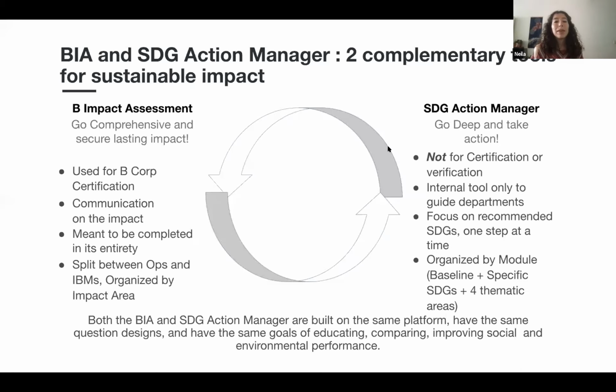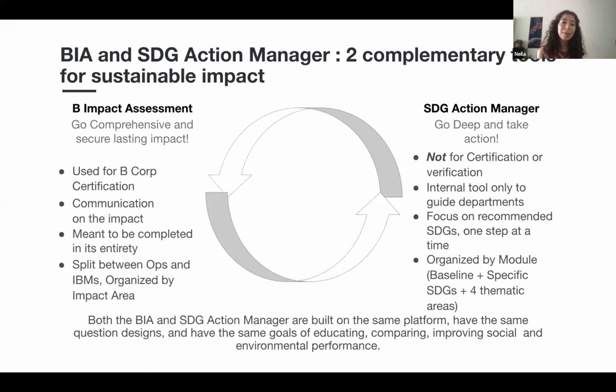The difference between the SDG Action Manager and the BIA is that they're actually two very complementary tools, but taking different perspectives on impacts. The BIA has been created to be filled comprehensively, so entirely, compared to the SDG Action Manager that is meant to be filled only for the priority SDGs you would have identified, if you wish to, because you can also complete it entirely, of course, if you want to.